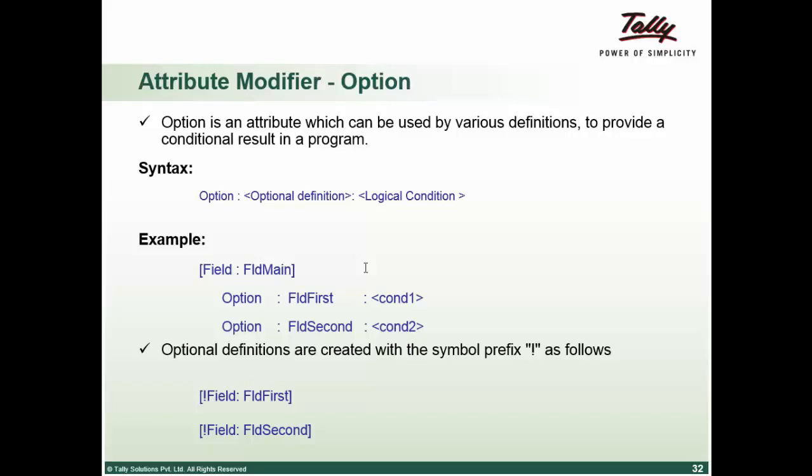The only thing is the syntax goes as option, the name of the optional definition, and the condition that you want to provide. So option, definition name, and condition. So if this condition is true, this definition will get executed.